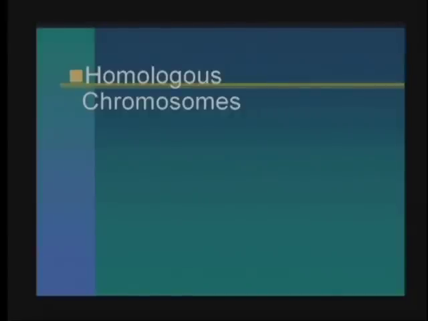Okay. Some more terminology. When we're talking about pairs of chromosomes, we call the members of a single pair homologous chromosomes. And they're going to have information for the same genetic traits.